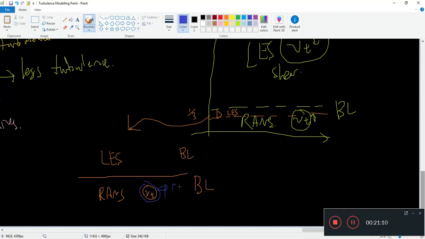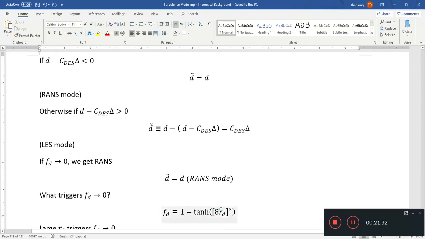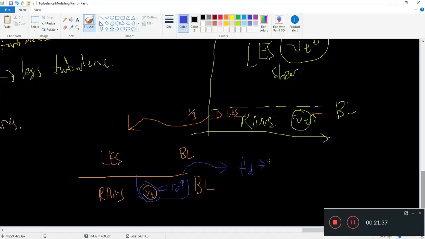It means that your RD will also be high. So in this zone, nu t high means RD high. Remember, RD high means FD goes to 0, which means we get RANS behavior. So we try to keep it RANS. That's what this thing is for.